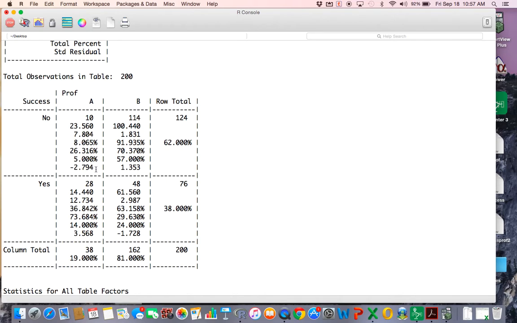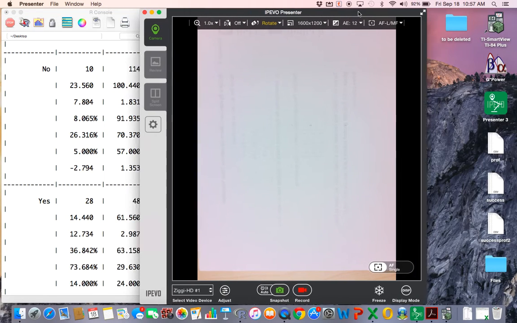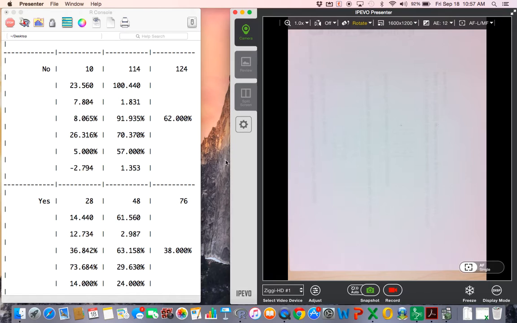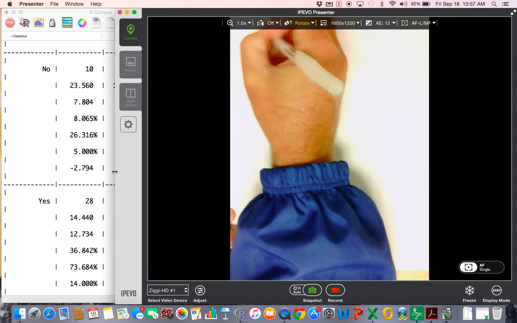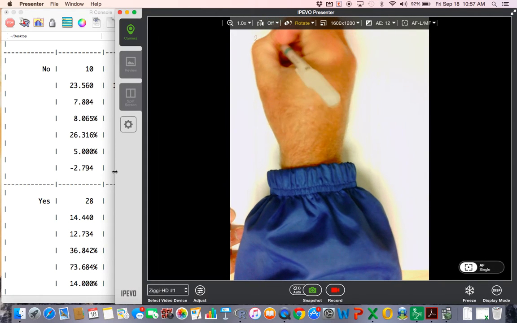Okay? Now, the next thing we need to do, and I'm just going to put this in as number 2, and it's going to really help if you can take a look at this as I'm writing. The second thing is we want to get into measuring the strength of the association.